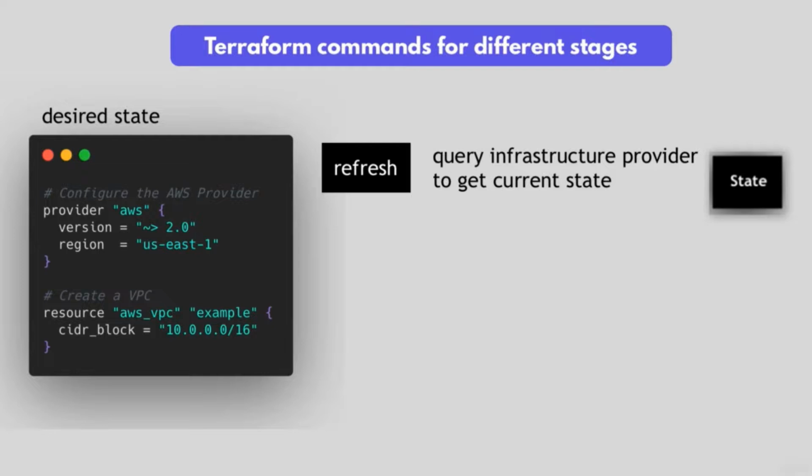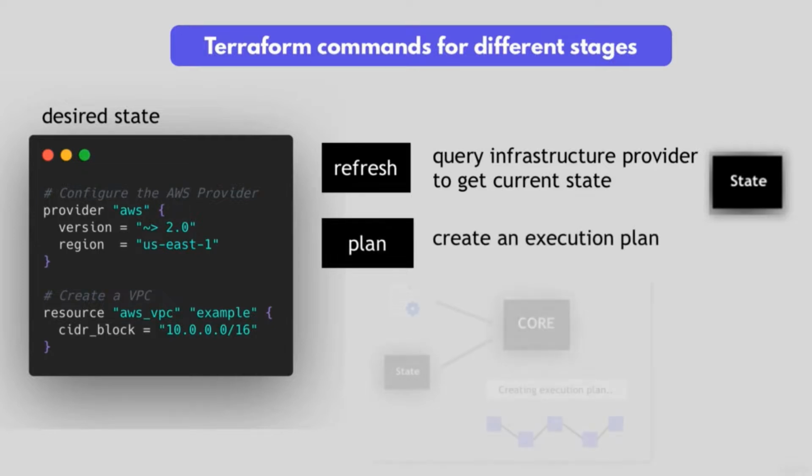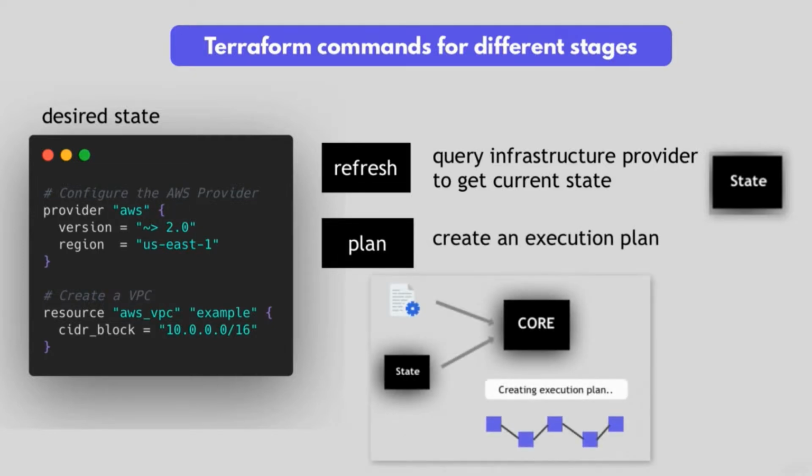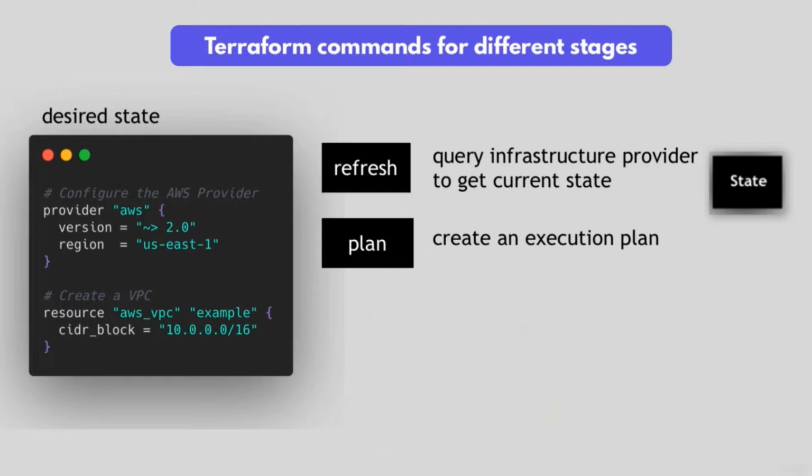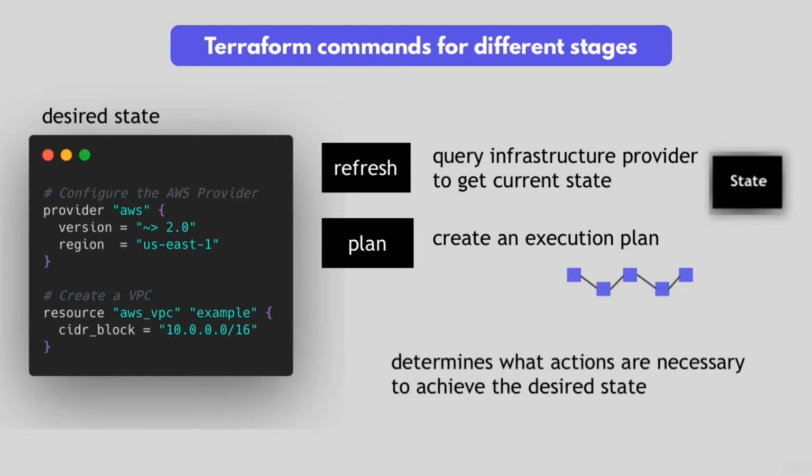The next command is plan. Remember I said the core is responsible for taking current state and your configuration file as input and deciding, based on the difference, what needs to be done. That's the plan. So what Terraform needs to do in order to achieve that desired state that you defined in the Terraform configuration file. If it's an initial setup, it figures out all the steps to create the desired setup.